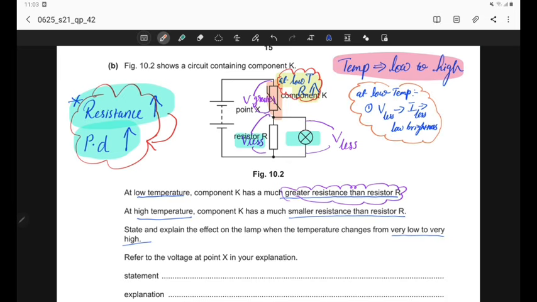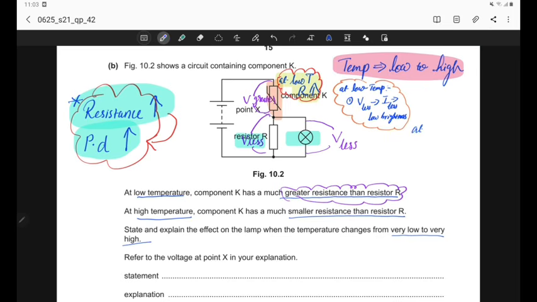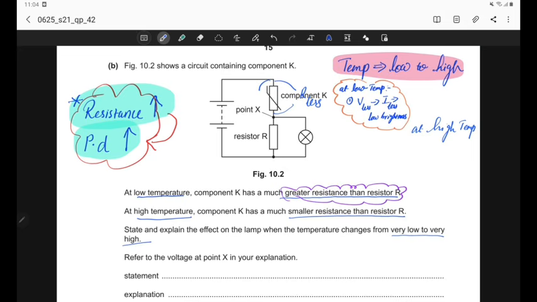But from low temperature to high temperature, we can see what will happen. At high temperature, just the opposite will happen. At high temperature, the resistance of the component will be less, so the voltage across the component K also will be less using this concept.